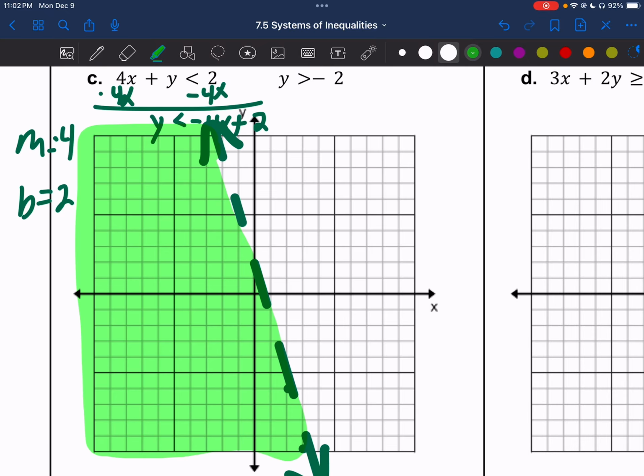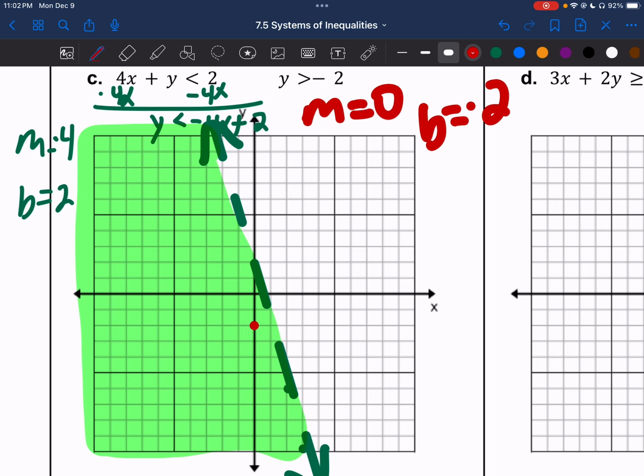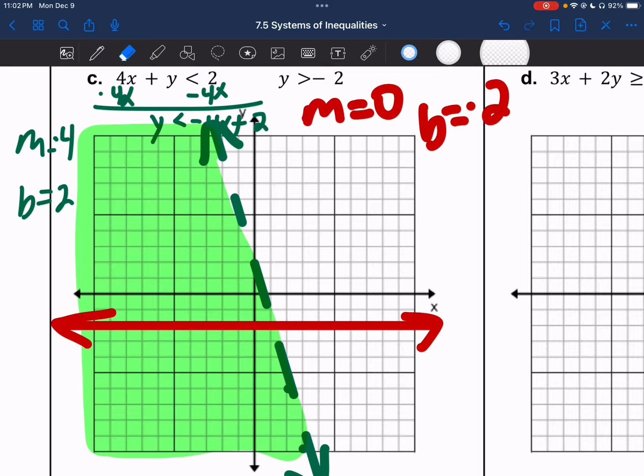All right, our second one, we have a slope of 0, a y-intercept of -2. So put a point at -2, and it has a slope of 0. So we have a horizontal line, and it is y is greater than. So we are going to take some little pieces out of this line, and I will fix the green shading just because.